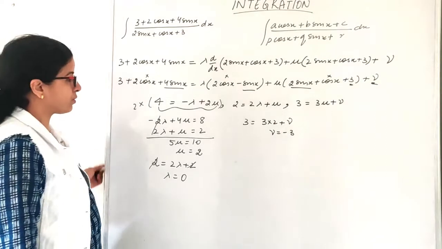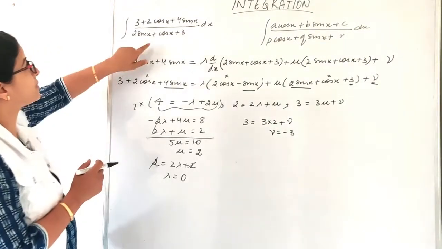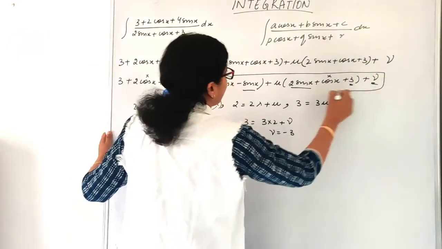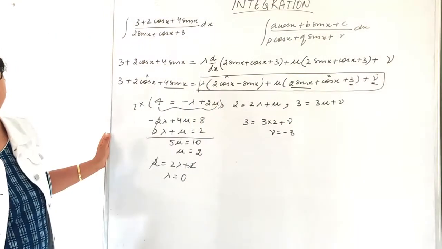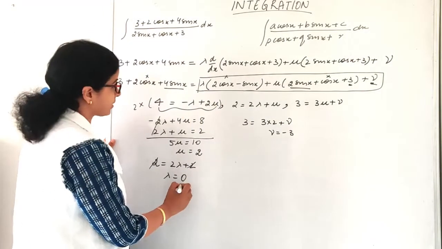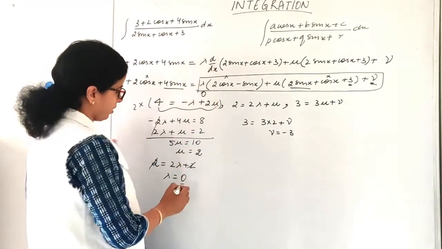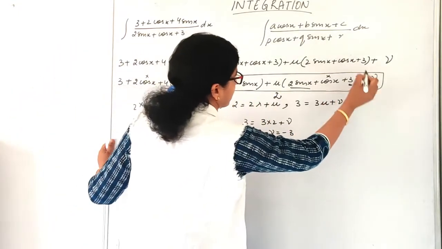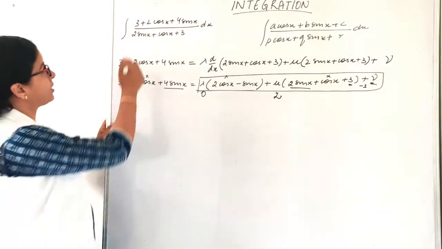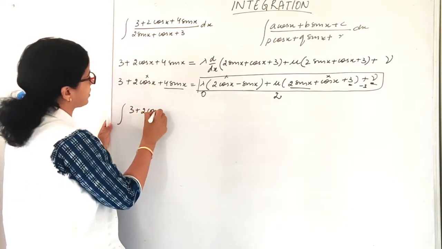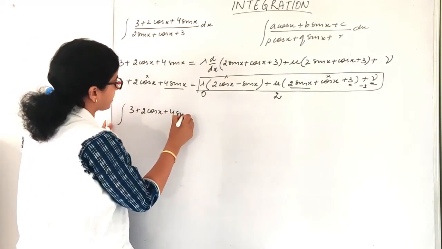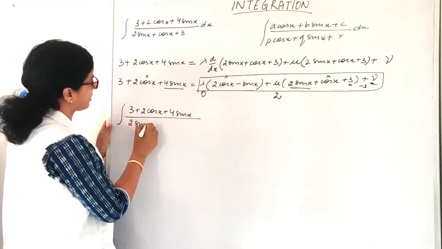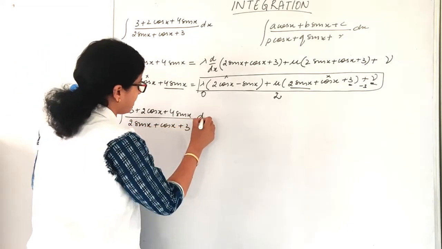Now what we are going to do? We will substitute these values and rewrite my numerator. Now lambda is 0, so with this will come 0. Mu is 2 and nu is minus 3. So guys, pay attention here. The integral of 3 plus 2 cos x plus 4 sin x upon 2 sin x plus cos x plus 3 dx.